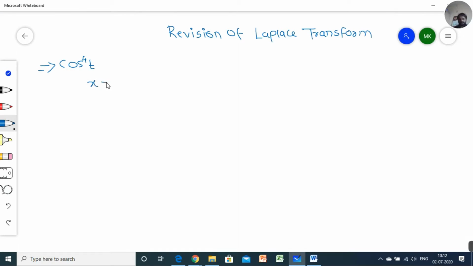All of you are aware that x is equal to cos t plus i sin t, and 1 by x is equal to cos t minus i sin t. We just have to add these two parts.